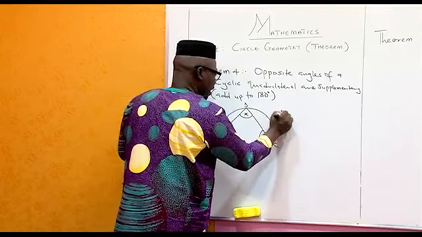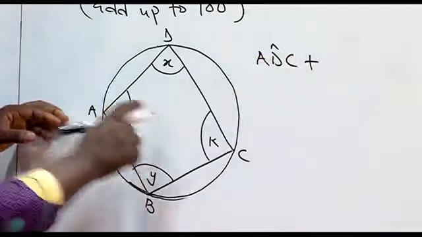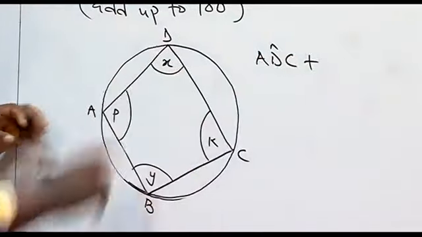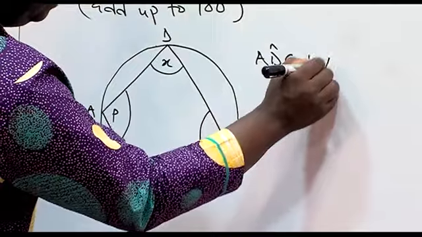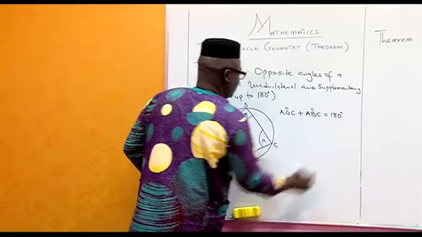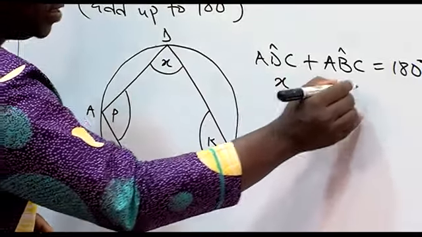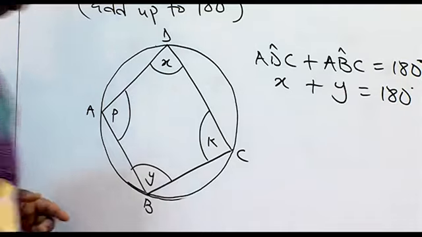That is angle ADC plus angle ABC is going to be 180. In a shorter version, this is X plus Y is going to be 180.